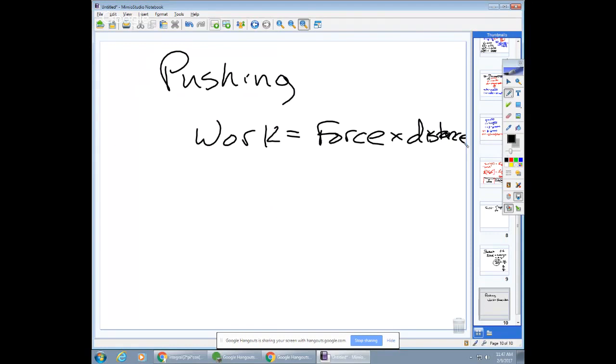And if it's a constant force, no big deal. That's just a simple multiplication problem. But if it's a variable force, if that force changes, then we have to use calculus. So this is only if force is constant. Let me do it on time. Get a couple minutes, good. If force varies, then we have to do it different.